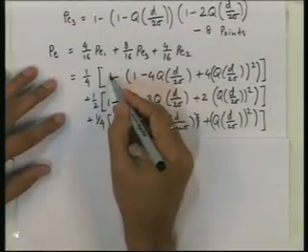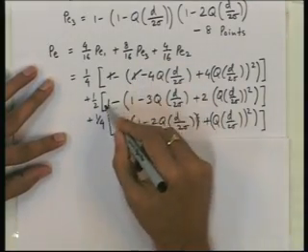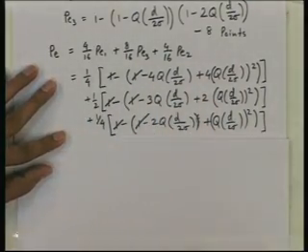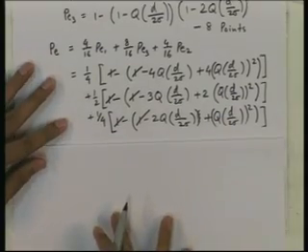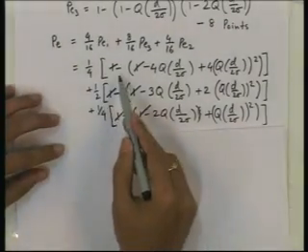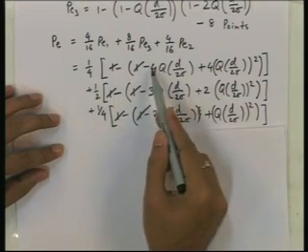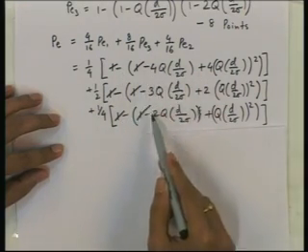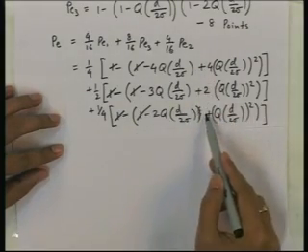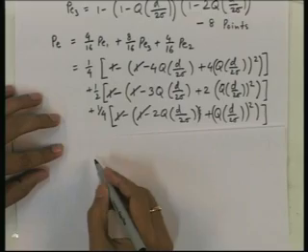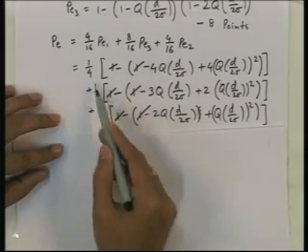This one cancels with this one, cancels with this one. So, what we have now is, this minus goes inside and these signs change. So, this is plus, this is plus, this is plus, and these signs are minus. So, let us add all these terms and we get, after multiplying by these factors.